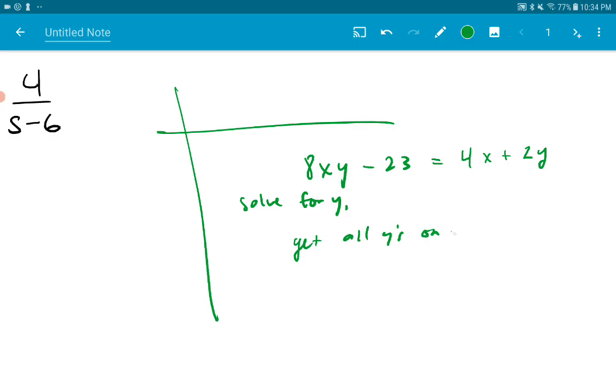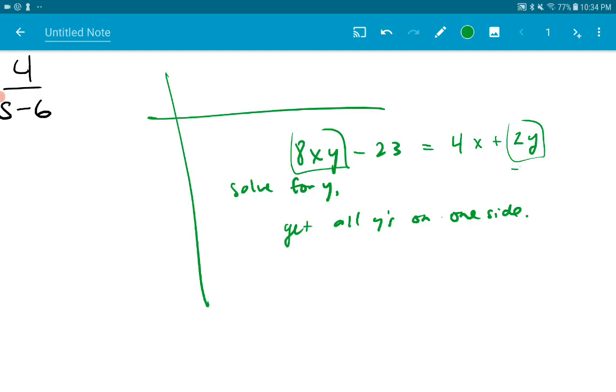Get all y's on one side. You see how there's a y term here and there's a y term here. I'd have to get them all on one side and all the other terms on the other side. So I'd subtract the 2y and I'd get 8xy minus 2y. And I'd add the 23, so equals 4x plus 23.